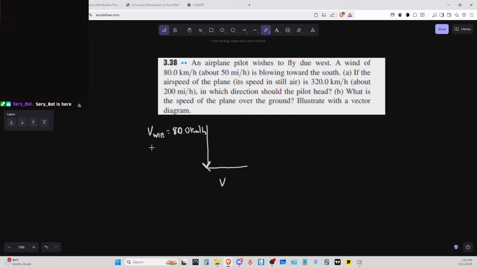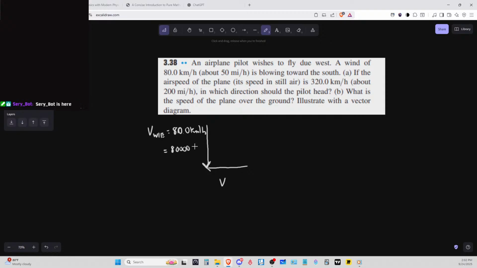So if we convert that, it should be 1,000 meters per kilometer. Do we have to convert it?